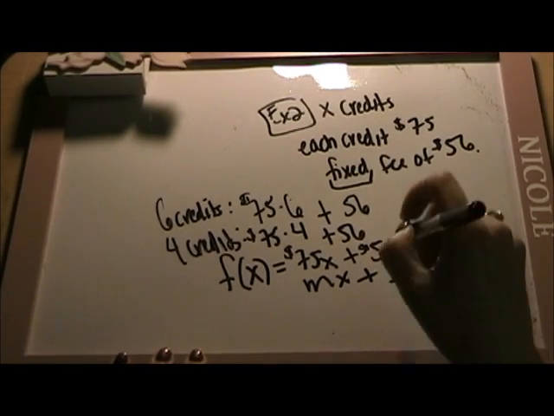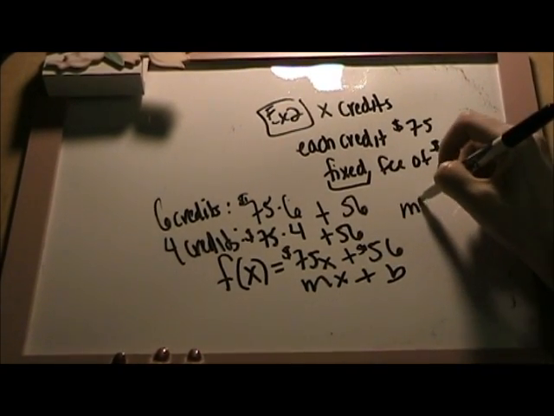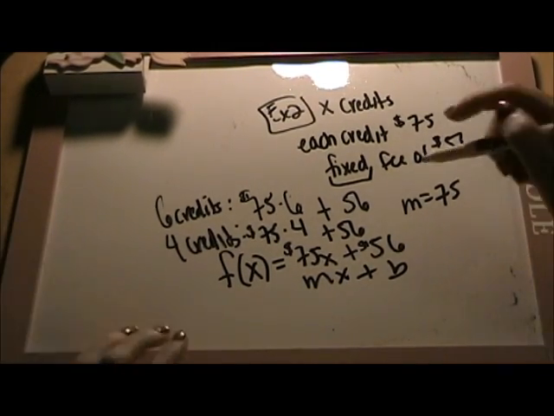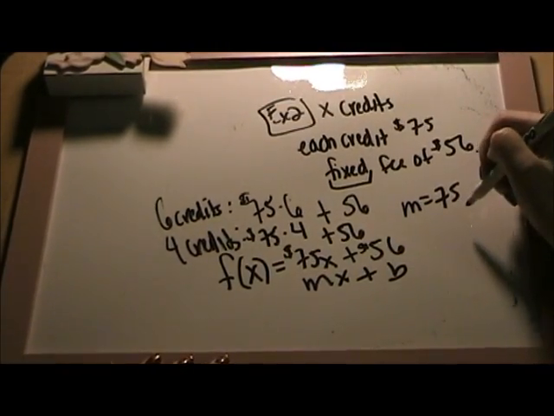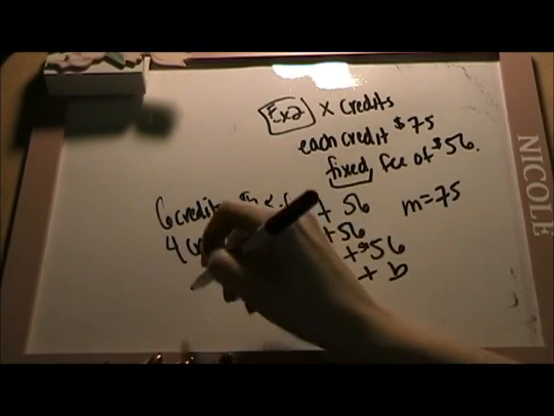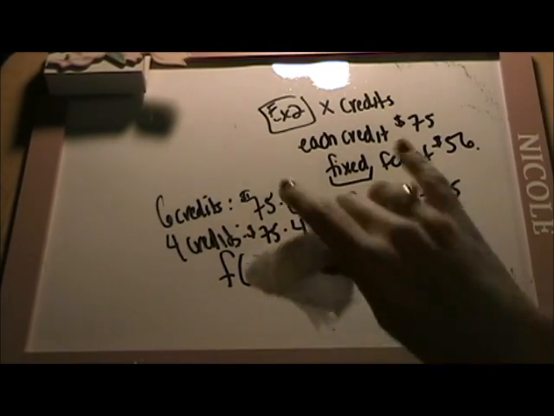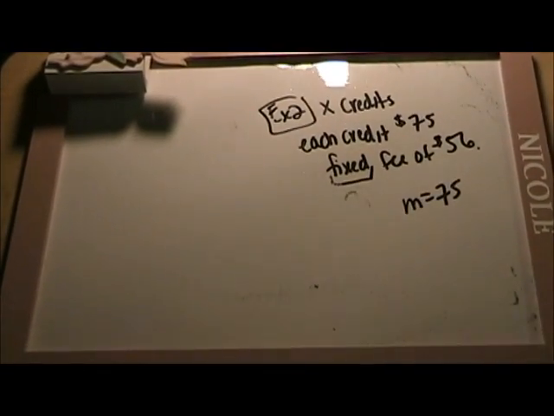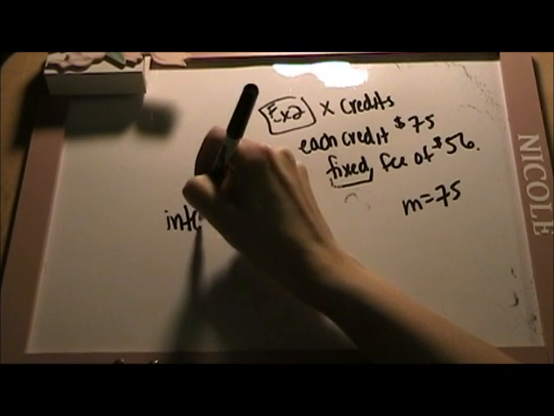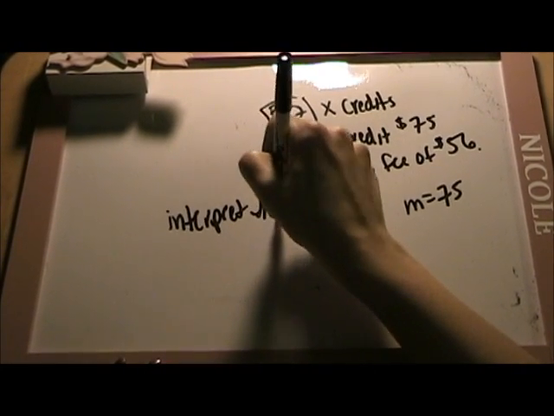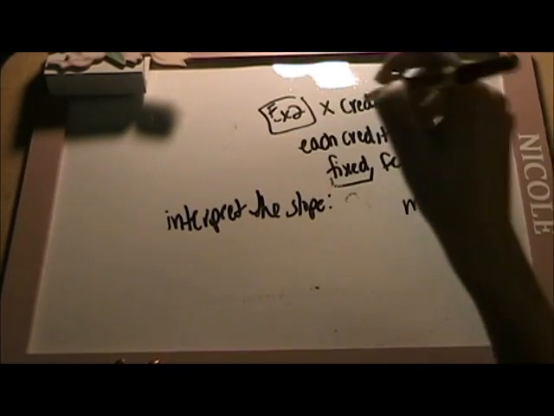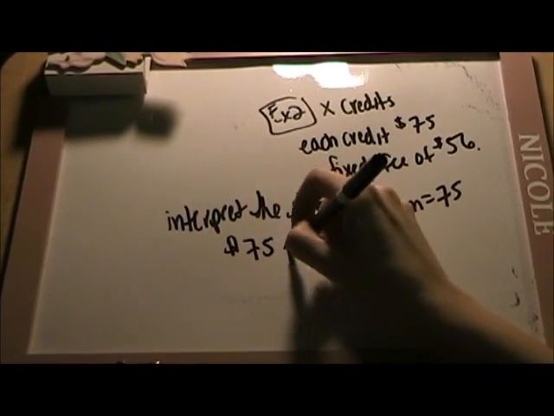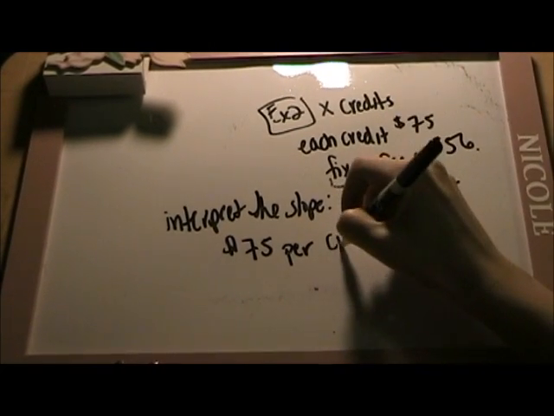mx plus b tells us then that our slope is 75. In this example, it didn't actually say per, but if we wanted to write that out, let's say they wanted you to interpret the slope, we would write this as dollars per credit.